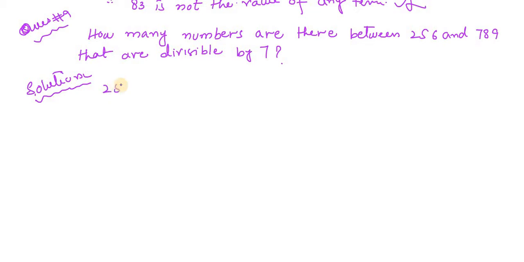So the progression is 256, 257, 258, 259, 260 and so on up to 789, having difference 1.